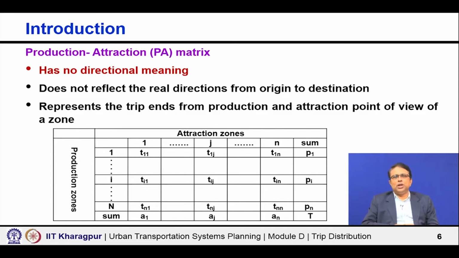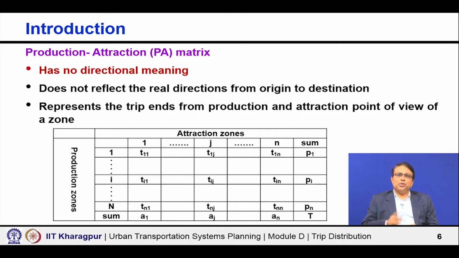And again I would like to repeat that this happens because origin, destination and production, attraction are not always the same, right. Let us say for non-home based trips, the origin, destination and production, attraction are similar. In the same meaning one can use them, but for home based trips it is not so.